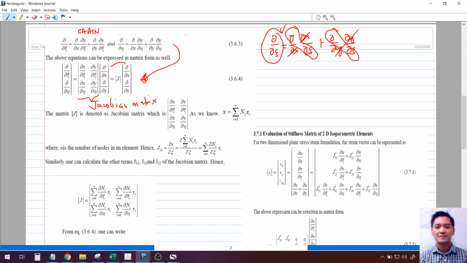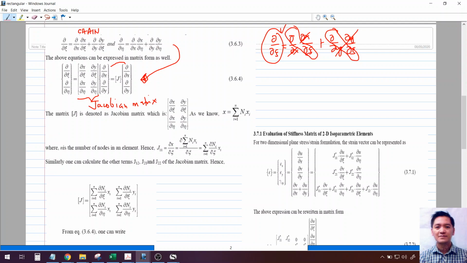Even if you study numerical methods, especially partial differential equations, there is always a Jacobian. The Jacobian matrix is like a scaling factor, because going from a real-world geometry to an element bounded only by -1 to 1, you need a transformation. You are transforming real-world geometry coordinates to a natural coordinate system. That's why you need the Jacobian matrix.